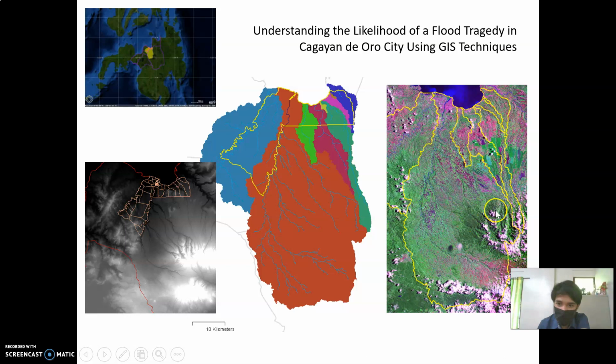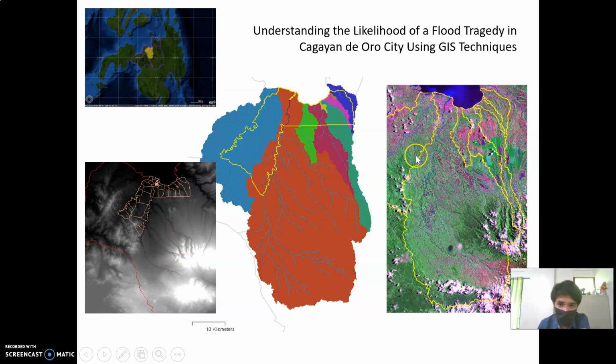You can see the mountains here. The yellow lines are the boundaries of the watershed. The blue lines are the different river network systems, the streams, rivers and creeks that can be found. By looking at these maps, we can already understand and predict the likelihood of a flood tragedy, or the extent of flooding in Cagayan de Oro.